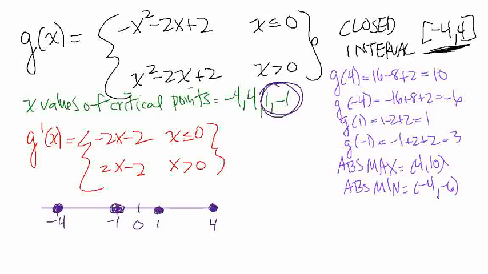For the interval between -4 and -1, pick any value in that region and plug it into the g prime function. For example, -2. If you plug that in, you will get 2 for the derivative.